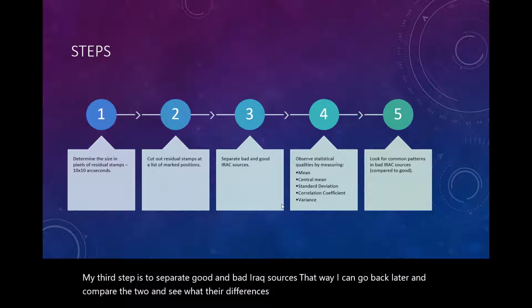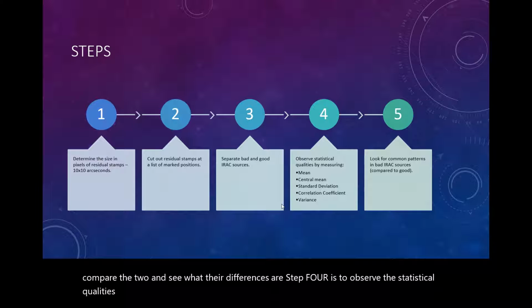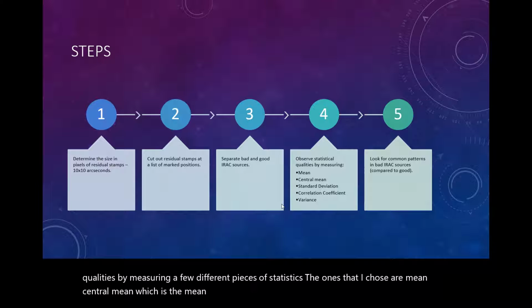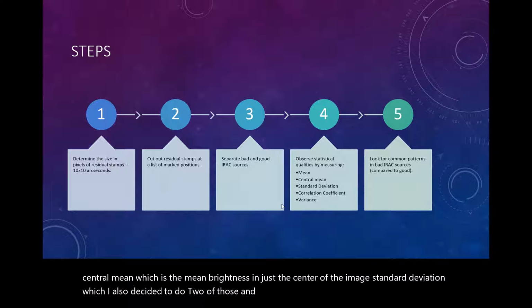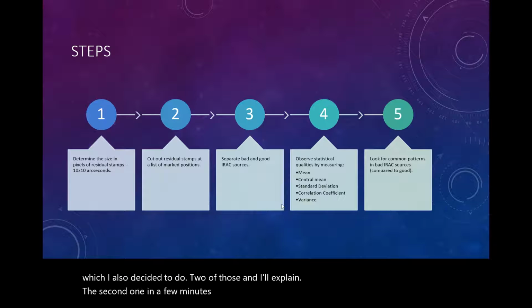Step 4 is to observe the statistical qualities by measuring a few different pieces of statistics. The ones that I chose are mean, central mean, which is the mean brightness in just the center of the image, standard deviation, which I also decided to do 2 of, and I'll explain the second one in a few minutes, correlation coefficient, and variance.